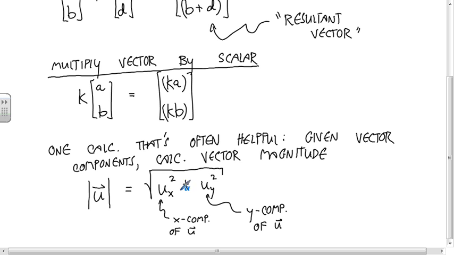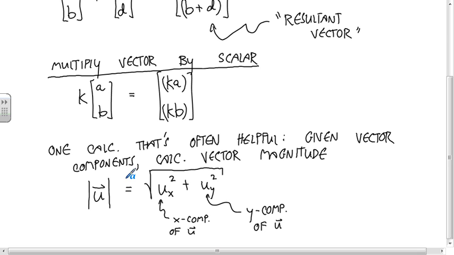So really, that's exactly what you're doing. You're squaring the length of one side of a right triangle, adding it to the squared length of the other side, taking the square root, and that gives you the length of the diagonal, which is the magnitude of the vector.